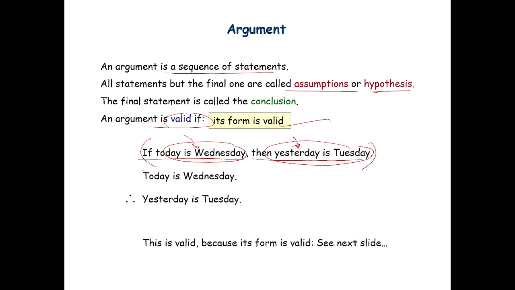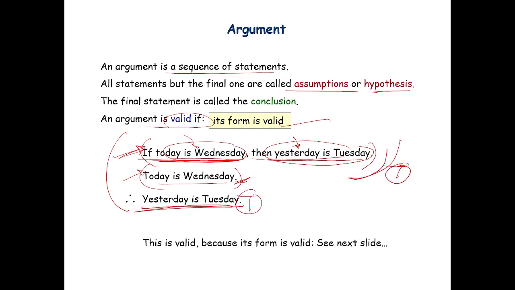Suppose this is the first statement, and we say that this is true. We say that this is also true: today is Wednesday. So what can you say? If today is Wednesday, then yesterday is Tuesday. Yesterday is Tuesday. So considering that these two are true, we can say this is true. And as all of these are true, this argument form is valid, because its form is valid.